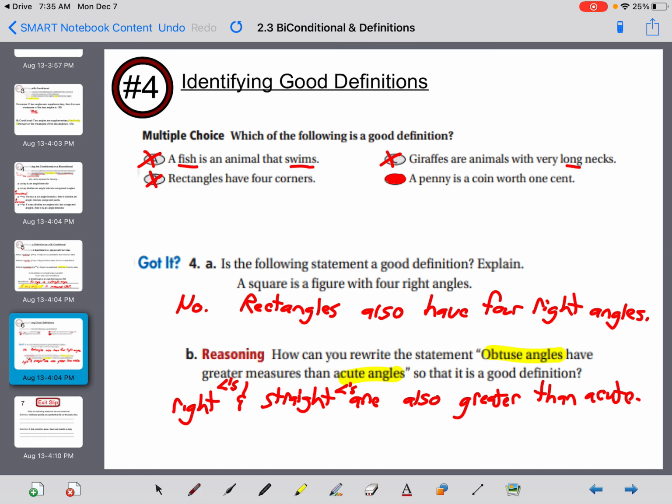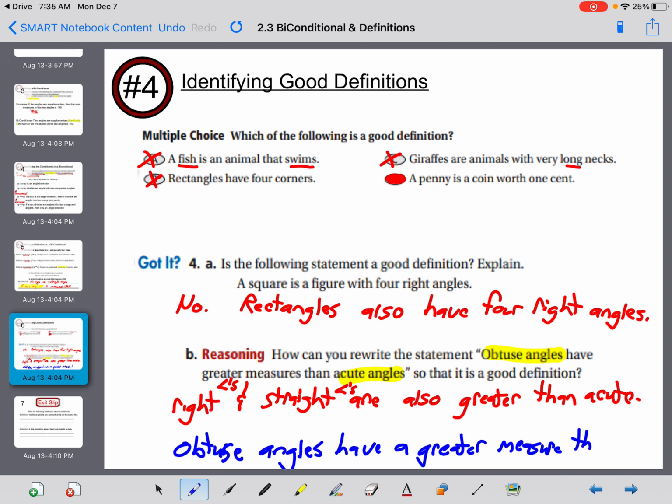So how are we going to change this definition? Well, we need to be a little more descriptive. Obtuse angles have a greater measure than 90 degrees.